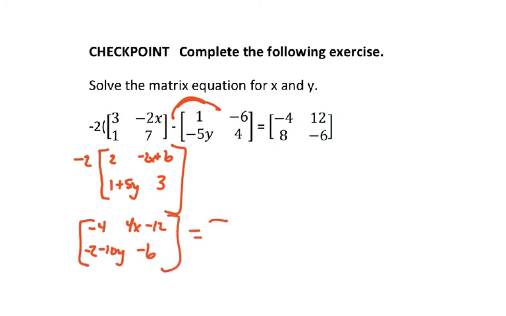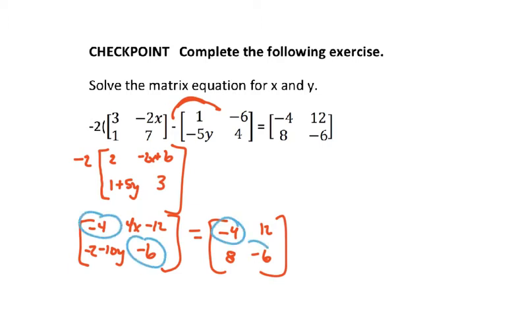So if I am checking some stuff, looks to me like negative 4's match, negative 6's match, which means I'm ready to match up my equations and solve. 4x minus 12 equals 12. And negative 2 minus 10y equals 8.